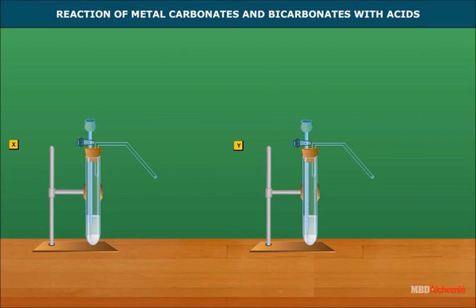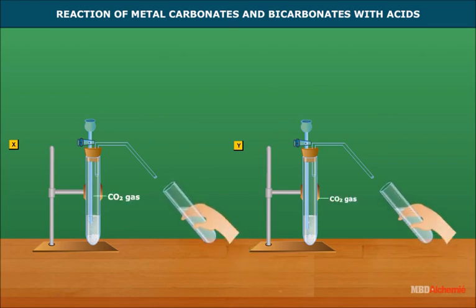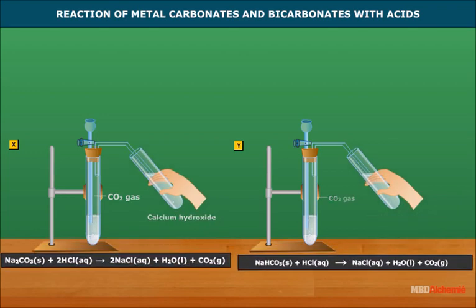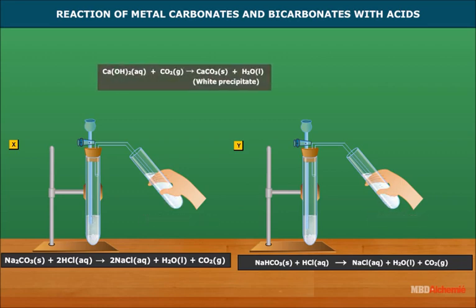The acid reacts vigorously and brisk effervescence is observed in both. It is identified as carbon dioxide. When the gas is passed through lime water, it turns milky in both test tubes. It shows that both carbonate and bicarbonate give carbon dioxide.